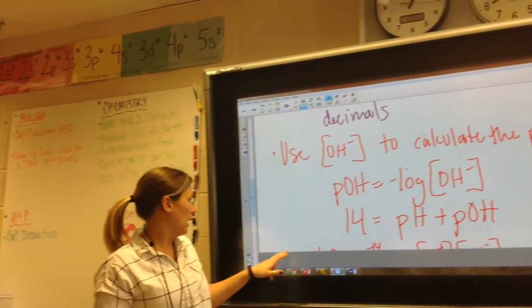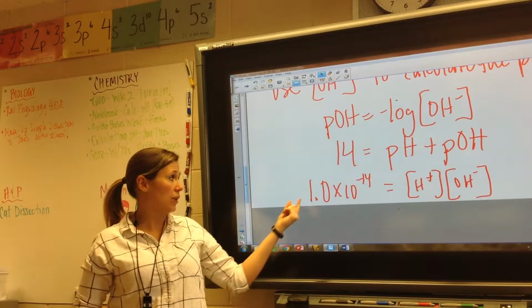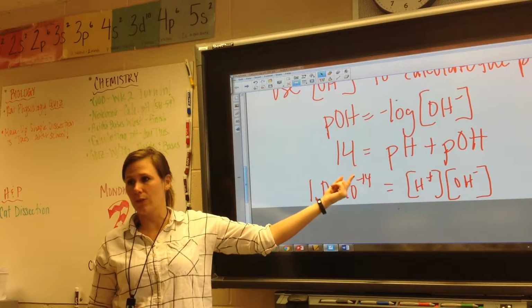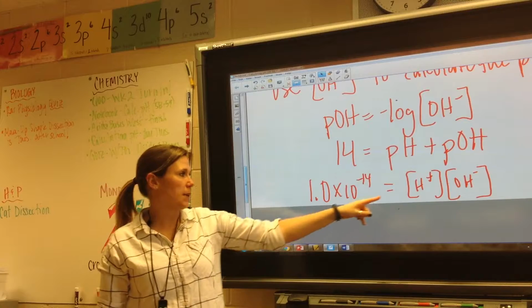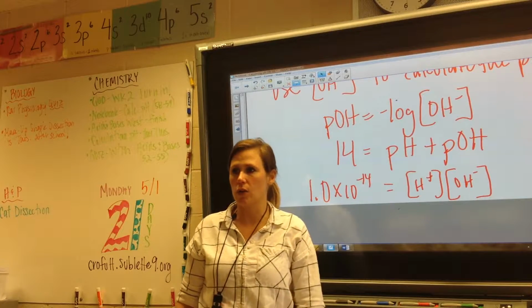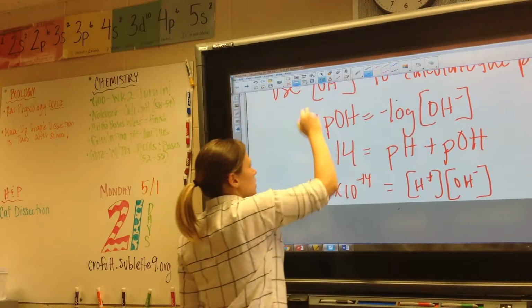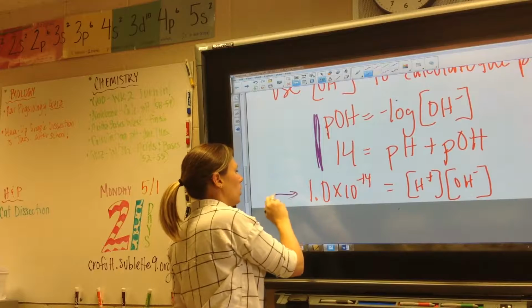Okay? Last little formula I'll give you guys. You won't use it a whole lot, but you most certainly can. You guys notice the 1.0 times 10 to the negative 14th. That's going to be equal to your hydrogen ion concentration multiplied by your hydroxide ion concentration. You will use the other two more often because they're a little bit simpler, but you're more than welcome to use this too.